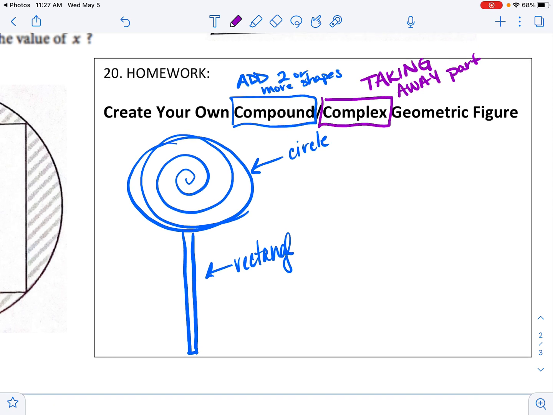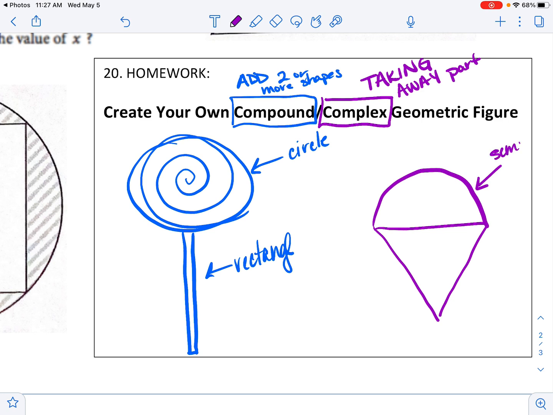The example that I used to make was a snow cone, which is a semicircle and a triangle. This is a complex shape because it is a semicircle and a triangle, but because it's part of the circle.